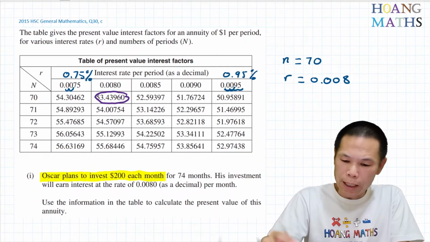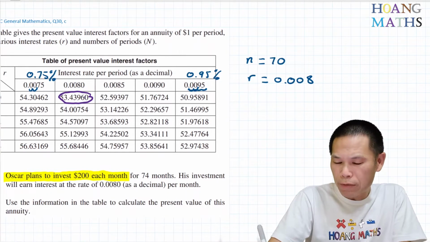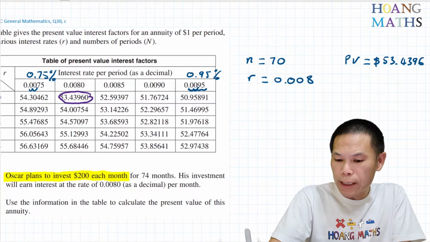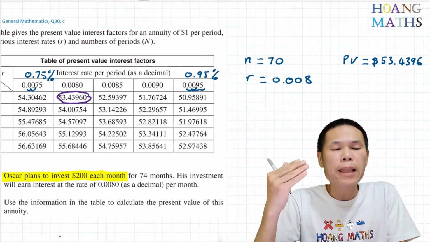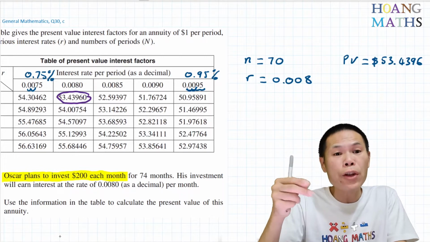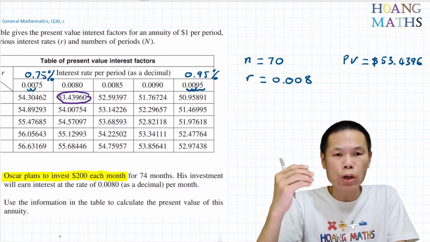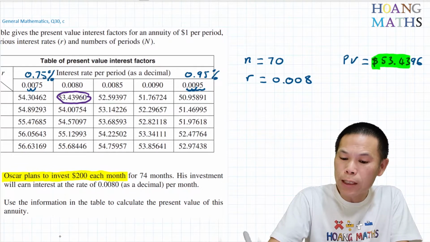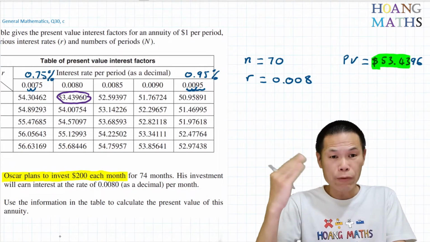Let me just write this down. The present value, PV, is equal to 53.4396. This means that instead of investing by regular contributions of $1 for the next 70 months, I can also deposit $53.44 and leave it to grow for 70 months.